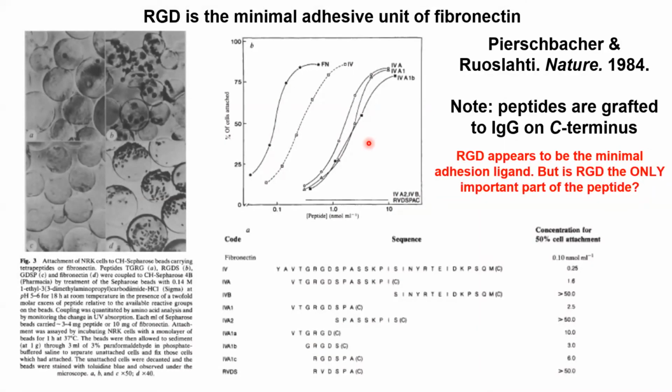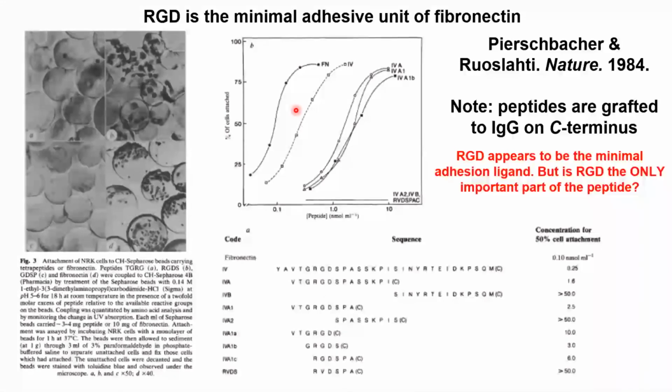This is showing that you can basically recapitulate the adhesion function of fibronectin and allow cells to spread if you take small peptide fragments from fibronectin. They mapped the adhesive site of fibronectin to a tripeptide called RGD. And RGD alone is not exactly the same as fibronectin in terms of eliciting cell adhesion, but it's much better than not having any peptide at all.